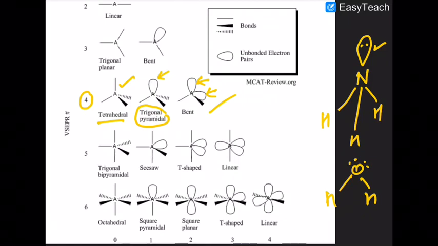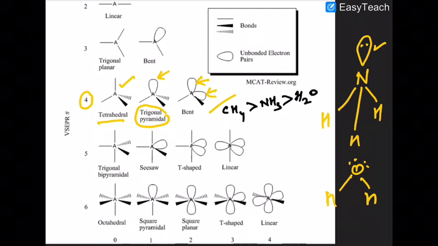Similarly, one more thing you have to learn here: methane has a greater bond angle than ammonia, and ammonia has a greater bond angle than water.